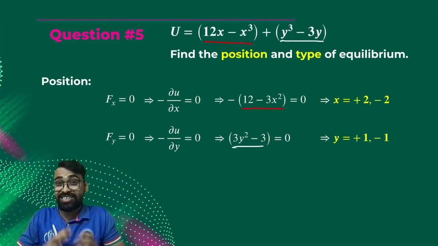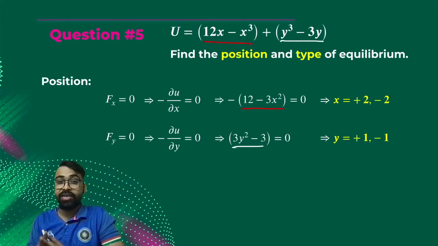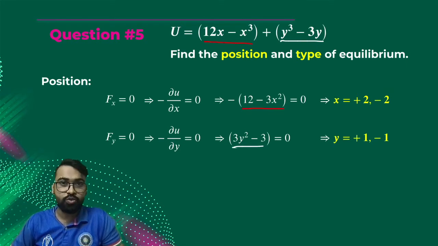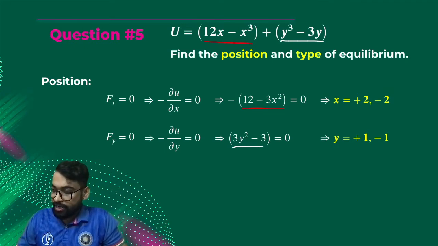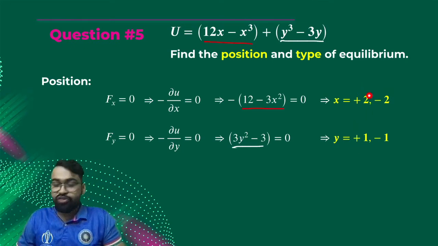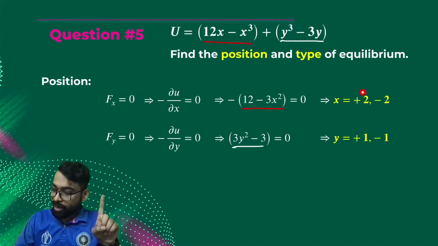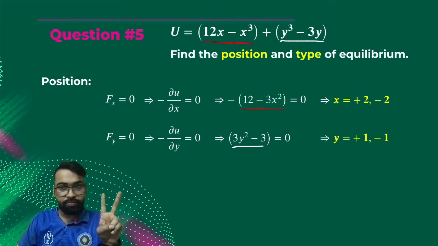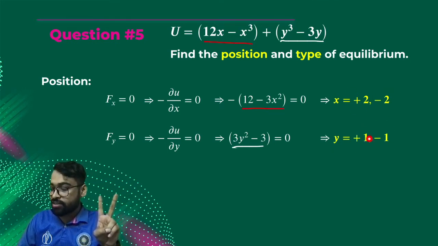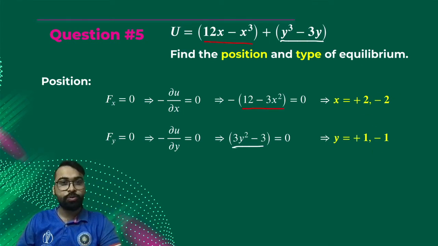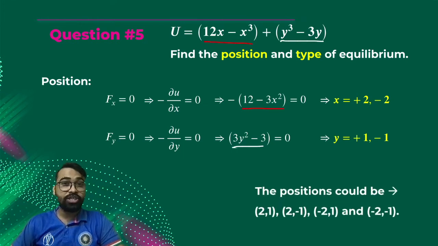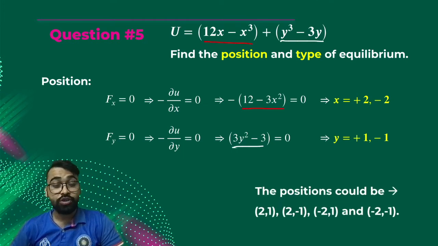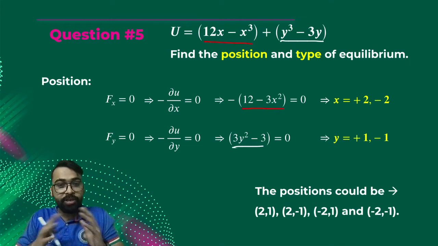But you will not say just x equal to 2 or x equal to minus 2, y equal to 1 or y equal to minus 1, because now the things are in both x and y. So I can take 2, 1 as one of the positions, 2, minus 1 as the second position, minus 2, 1 as the third position, and minus 2, minus 1 as the fourth position. So the first part of the question is done when you say the positions of equilibrium could be these 4.